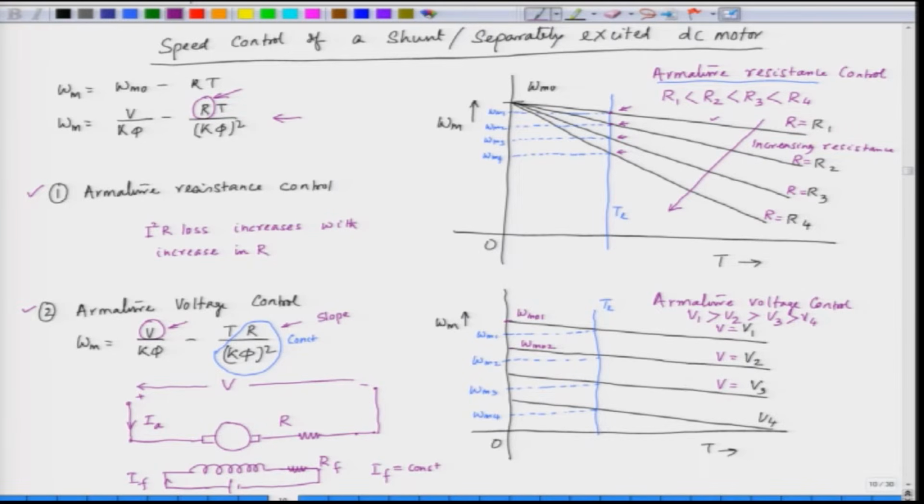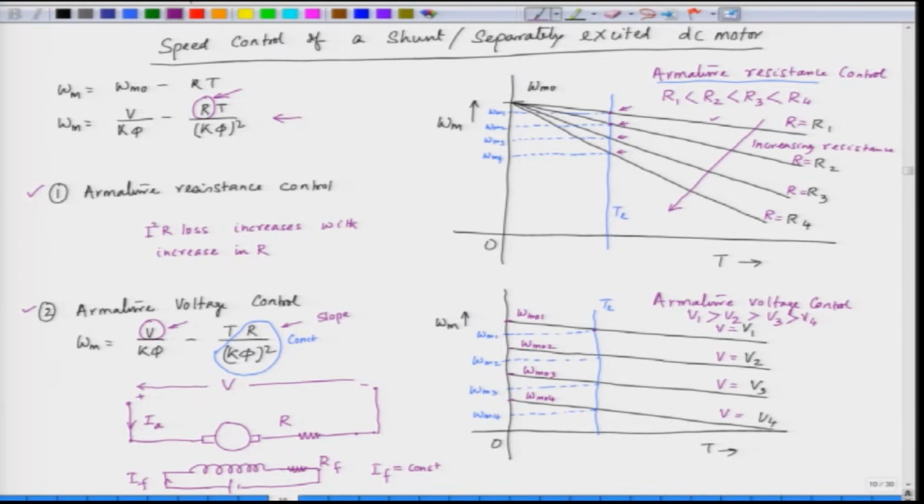Now, further we decrease the voltage, the speed becomes omega m naught 3, we further decrease the voltage, the speed becomes omega m naught 4. So, when the voltage decreases from V 1 to V 2 to V 3 to V 4, the intersection also changes. This is the intersection of the load characteristic T L with the first motor characteristic.